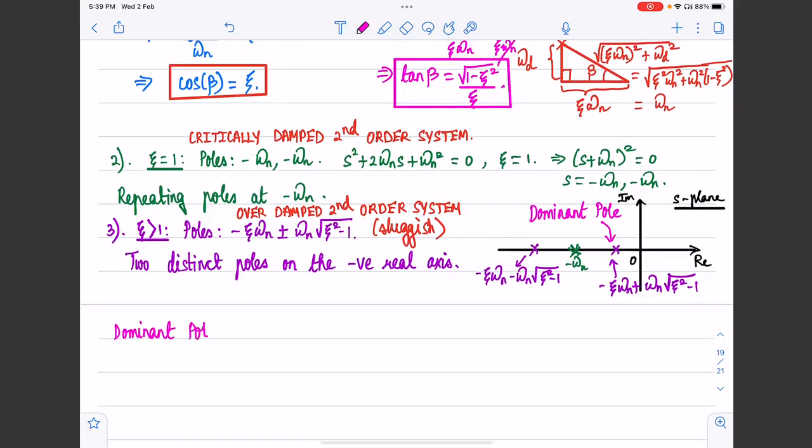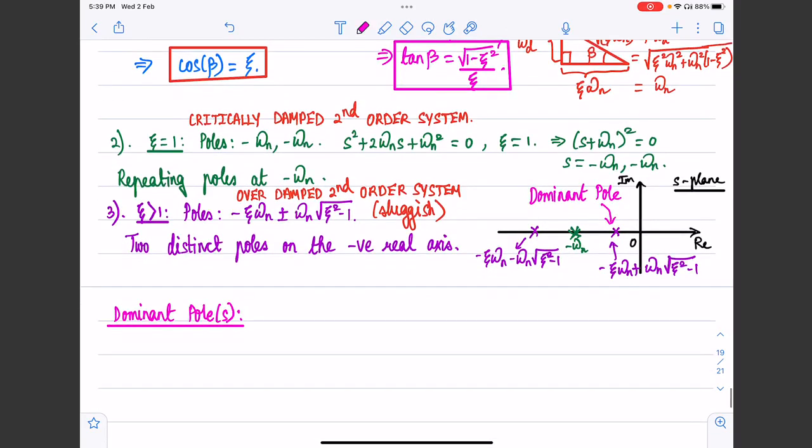Dominant poles are those which are closest to the j omega axis and consequently will dominate the dynamic response of the system. In the overdamped second order system, this is the pole closest to the imaginary axis. That's why we have marked it as the dominant pole.